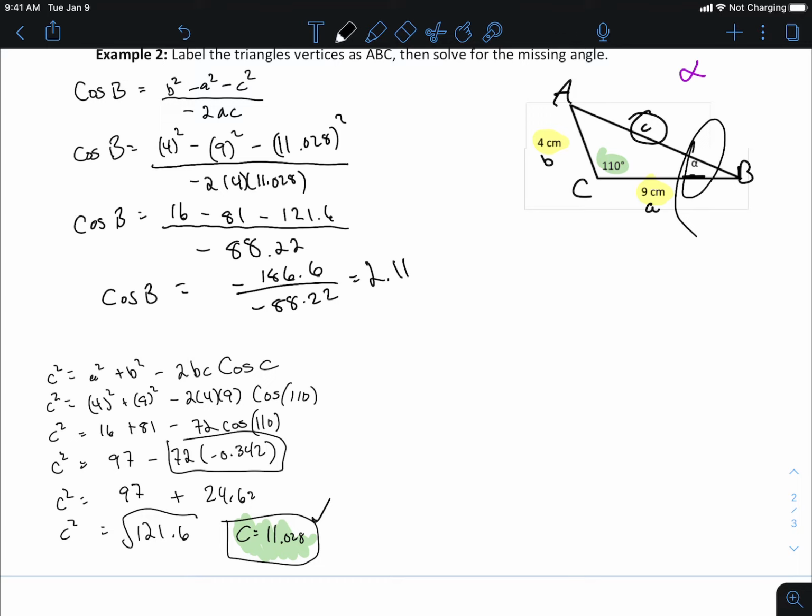Or that alpha. So you would write 4 squared. You would just use, this is cosine law, right? Yeah. That's what I've done right here. 4 squared minus 9 squared, minus that, right? Oh, 2.11? Yeah, that's my answer, but you can't get a value for that cosine. What's wrong?